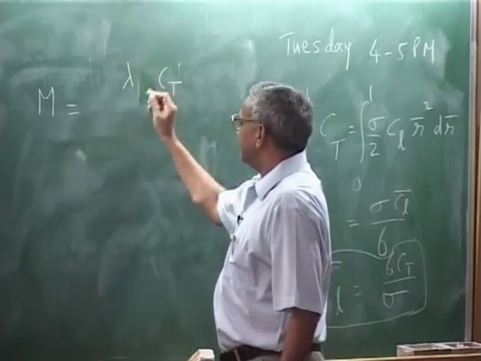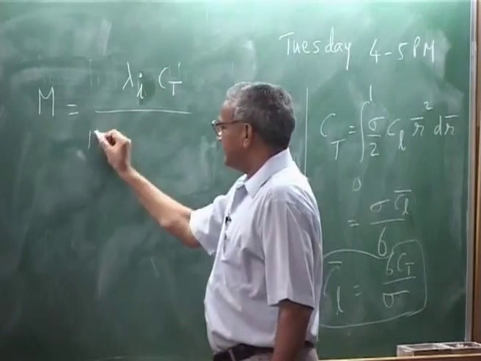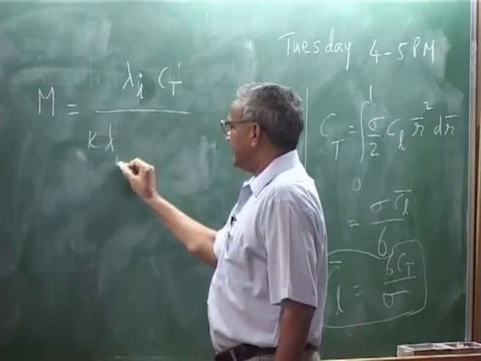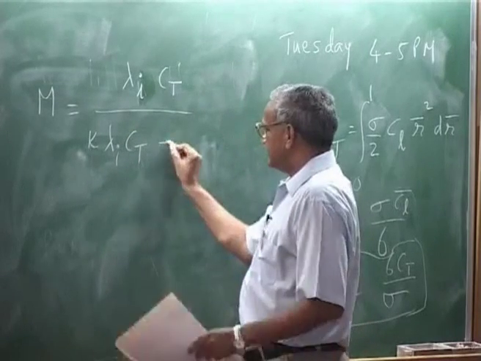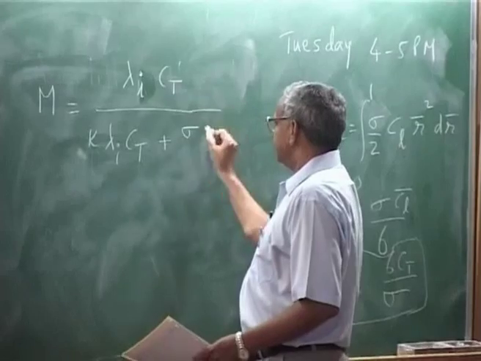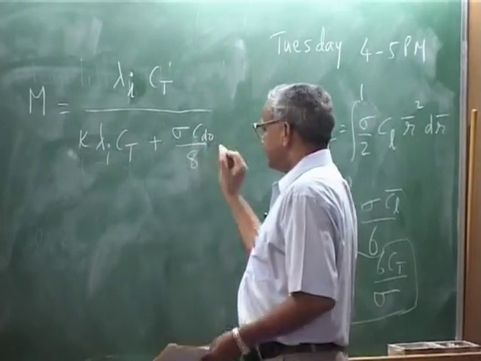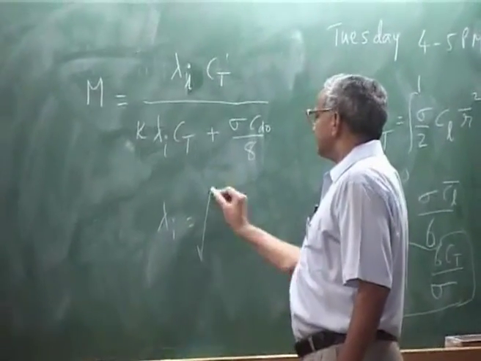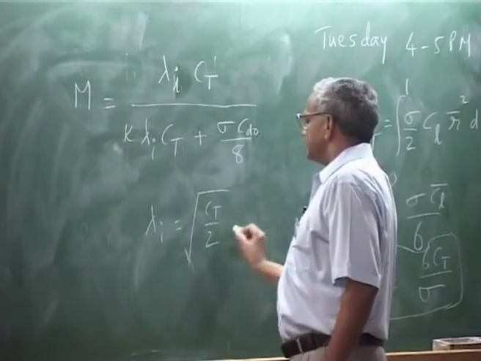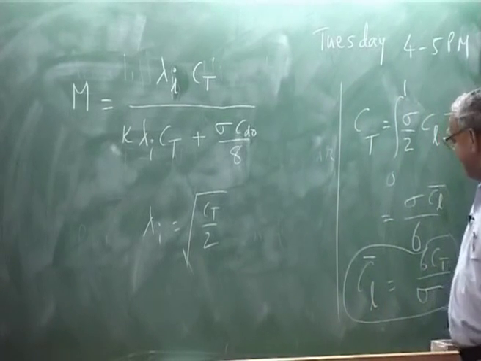So, you can take it as lambda i. This is for hover only, and then you have lambda i Ct plus sigma over 8. And lambda i for hover is root of Ct over 2.